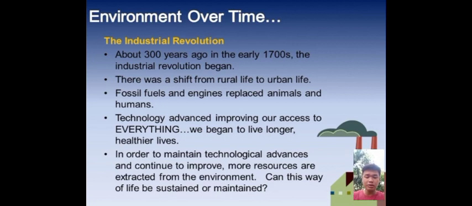Fossil fuel engines replaced animals and humans. Technology advanced, improving our access to everything. We began to live longer, healthier lives. In order to maintain technological advances and continue to improve, more resources are extracted from the environment. Can this way of life be sustained and maintained?